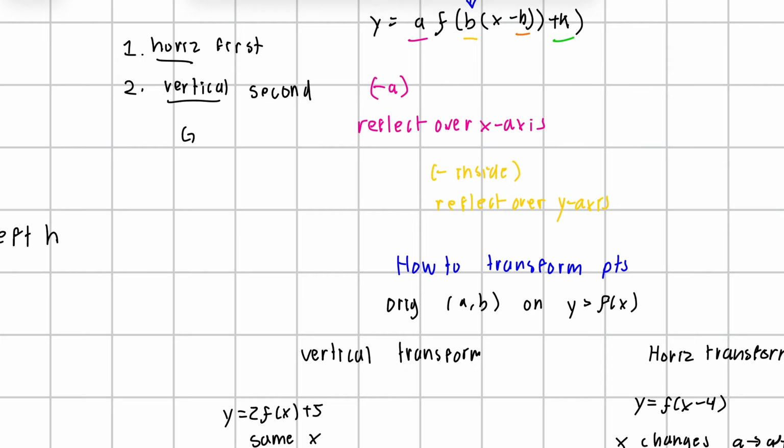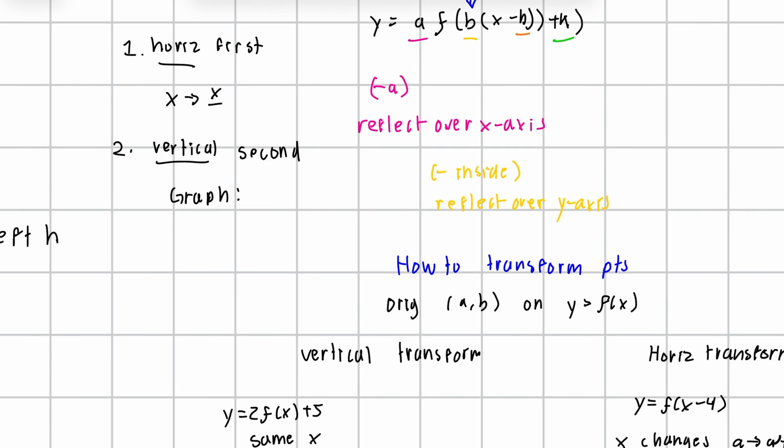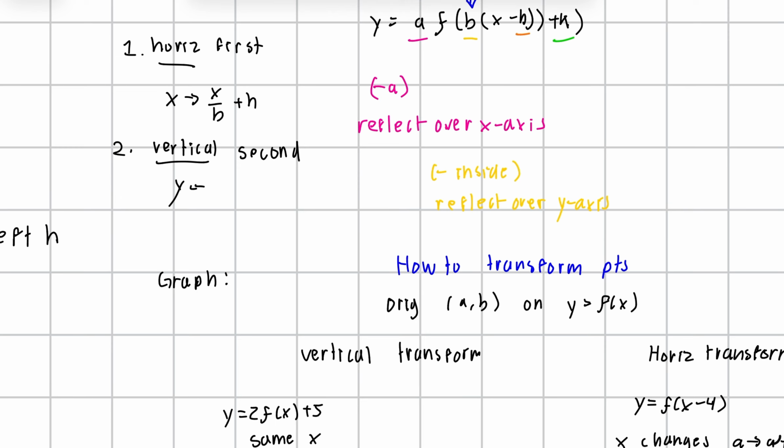But when you're graphing your points, your horizontal changes x values, right? So your x is going to be x over b plus h. Now in the vertical, you change y values. So y becomes ay plus k. Now, that's it.